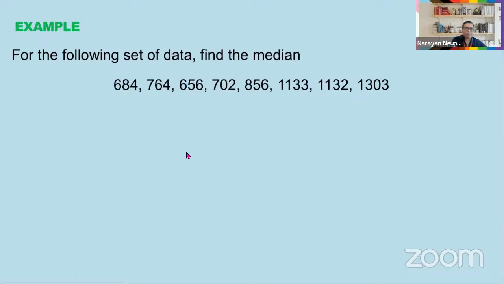Here is the other one. For the following set of data, find the median. So here also we need to arrange the data. So let's do that. Arranged data values are, what is the smallest here? 656, very good.